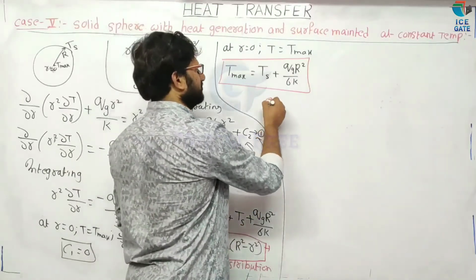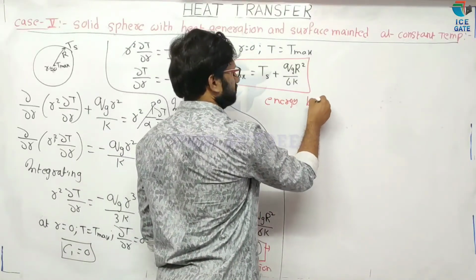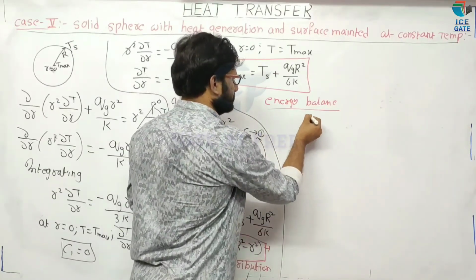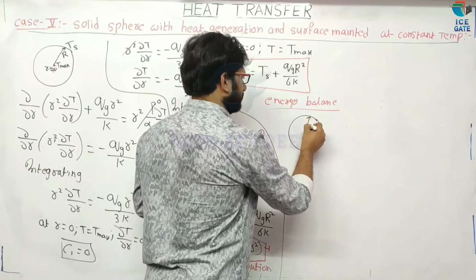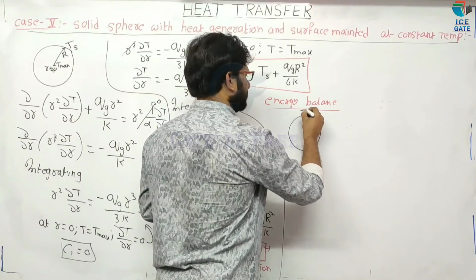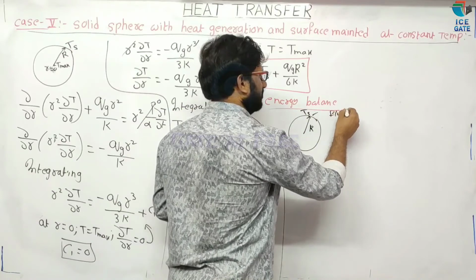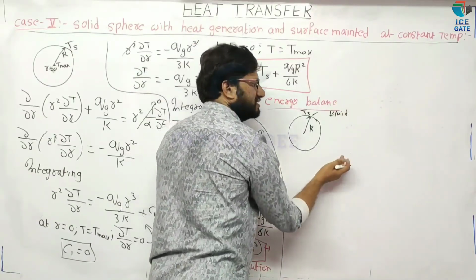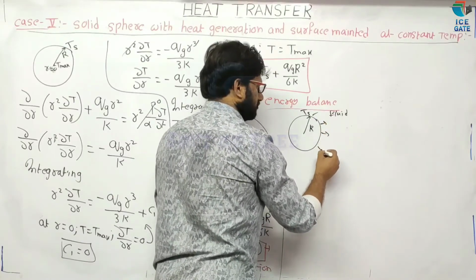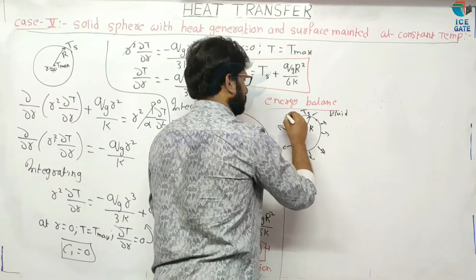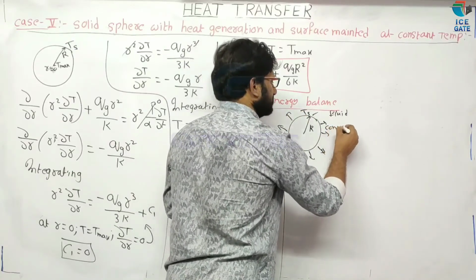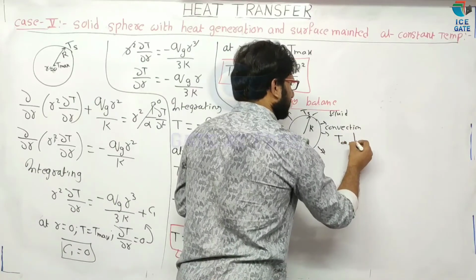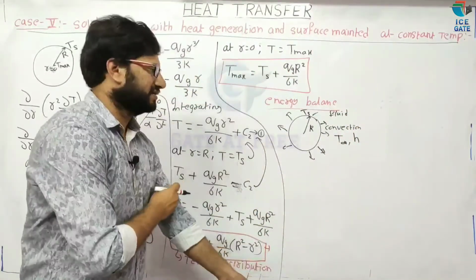Next, energy balance. This is a sphere. The surface temperature is Ts and it is surrounded by a fluid medium. From the sphere to the fluid medium, the mode of heat transfer is convection. The fluid is at a temperature of T infinity with convective heat transfer coefficient h.